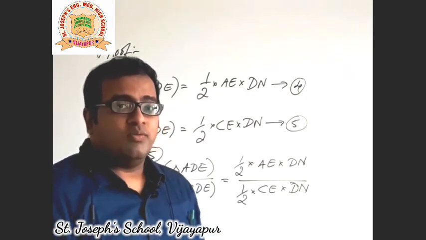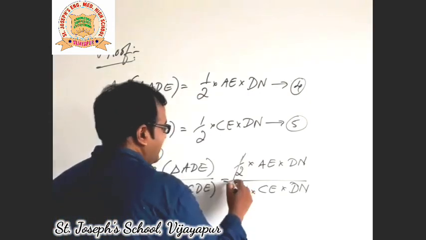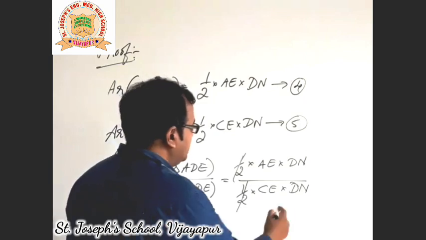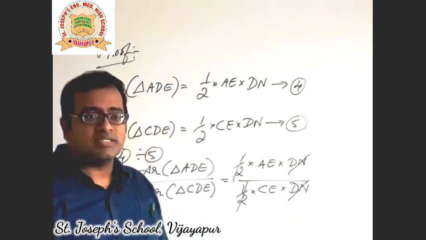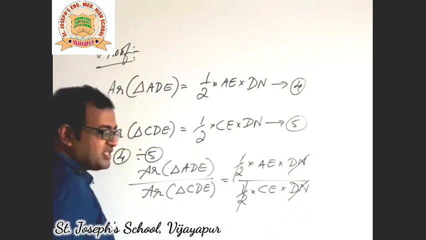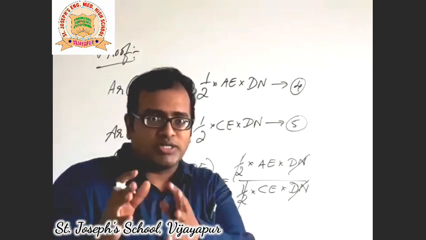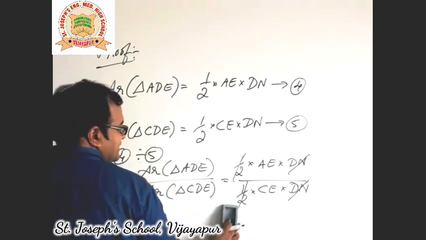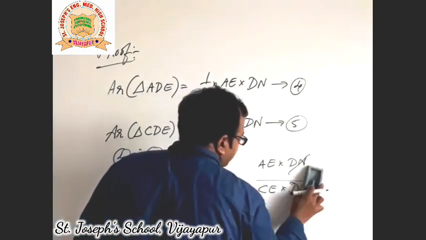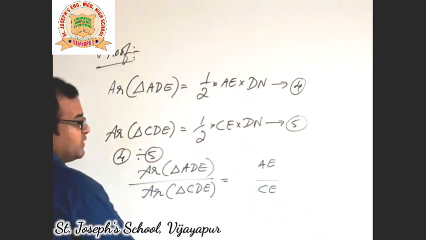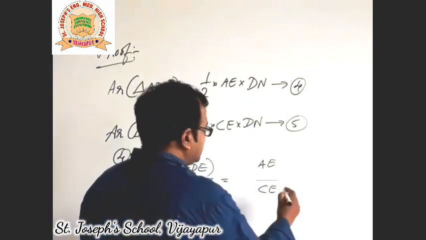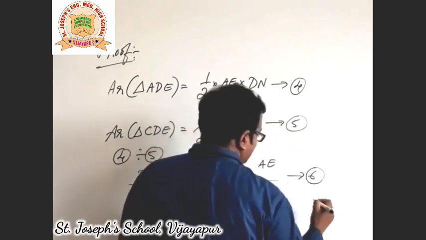Let us simplify what looks similar. That's half and half, gone. DN, DN, gone. What's left out? Write this once more. I'm going to rub here, but you need to write it once more. This is what the equation looks like. I'll call this equation 6.